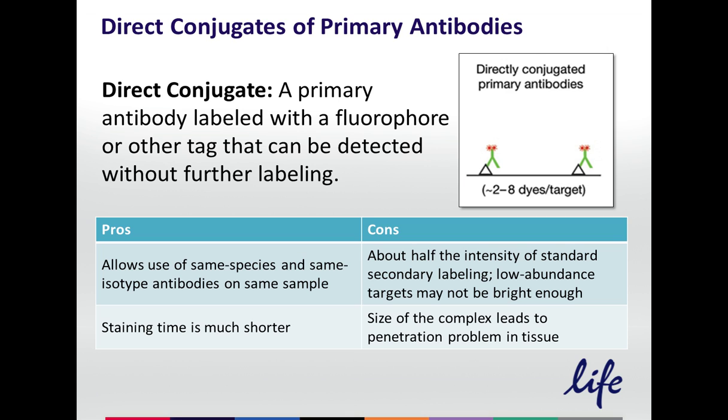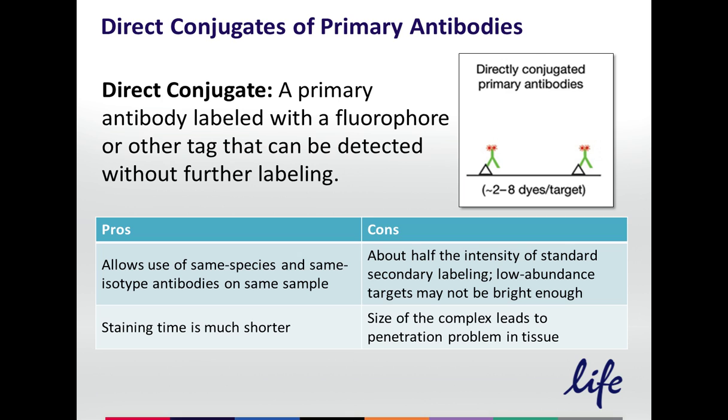In more sensitive detection methods, such as flow cytometry, because that platform is more sensitive, direct conjugates are often used. With microscopy, it's less common to have a direct conjugate because it's not as sensitive and sometimes there's autofluorescence issues to overcome.